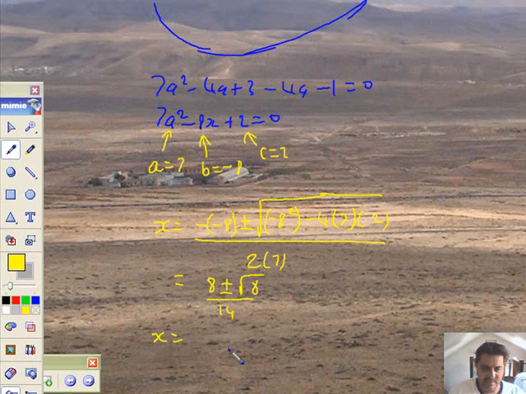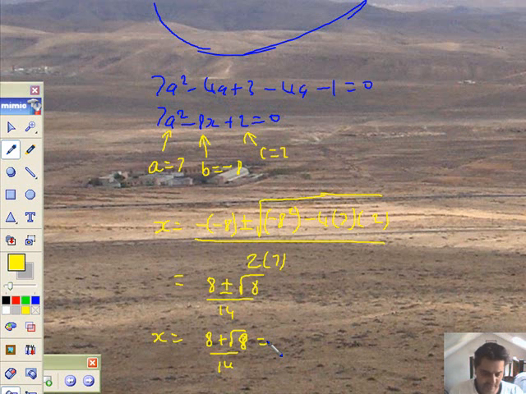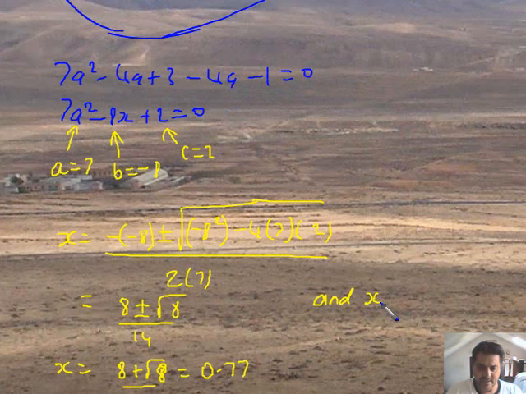So x is going to be 8 plus root 8 over 14. Let's work it out now, so press the square root button on that, and then add 8 equals, then divide by 14. I've got one answer of 0.77, and I'm going to write the word and here, x equals 8 minus the root of 8 all over 14.